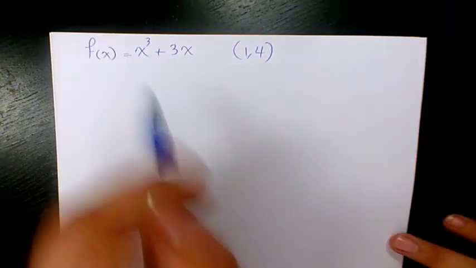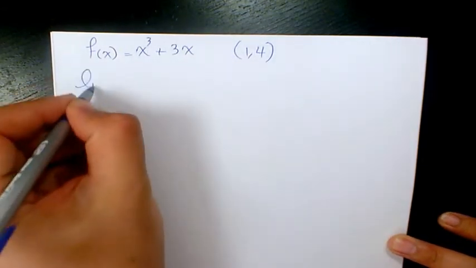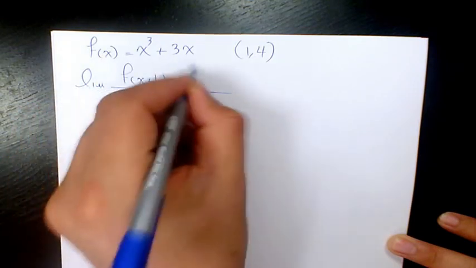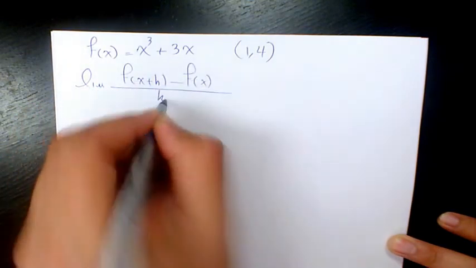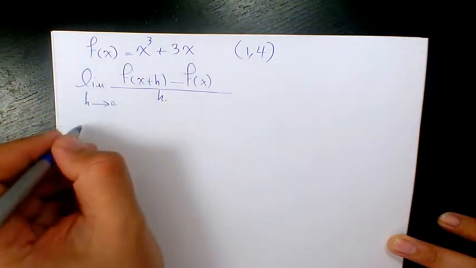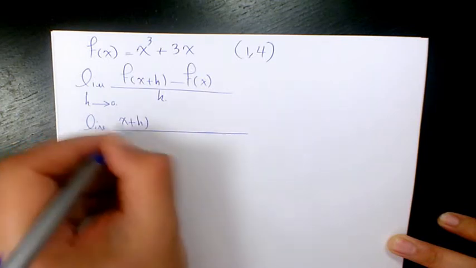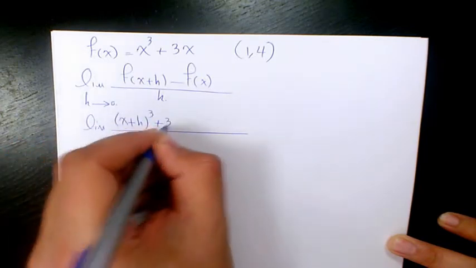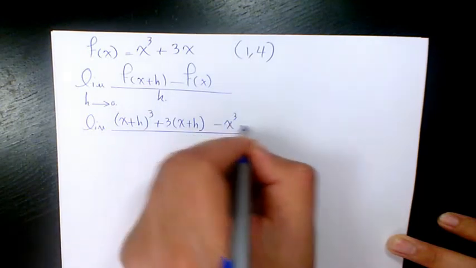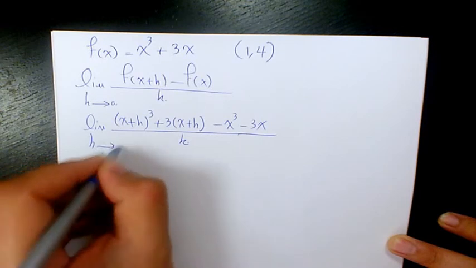Next example is x cubed plus 3x at 1 and 4. So it's going to be the limit of f of x plus h minus f of x divided by h when h is approaching 0. So it's going to be the limit of x plus h to the power of 3 plus 3 times x plus h minus x cubed minus 3x divided by h when h is approaching 0.